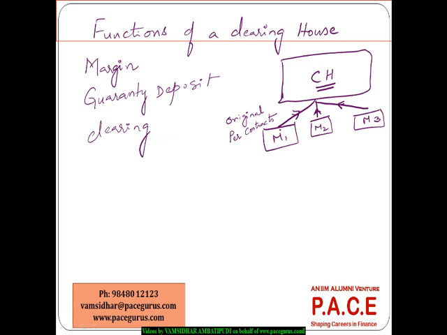What is the margin that each of the members have to submit is something that is very much decided by the exchange. And just like the individual trades, whatever is the contract price and whatever is the settlement price for the day, depending on the difference between the two, the settlement price for the day minus the contracted price or the previous settlement price, whatever it is.